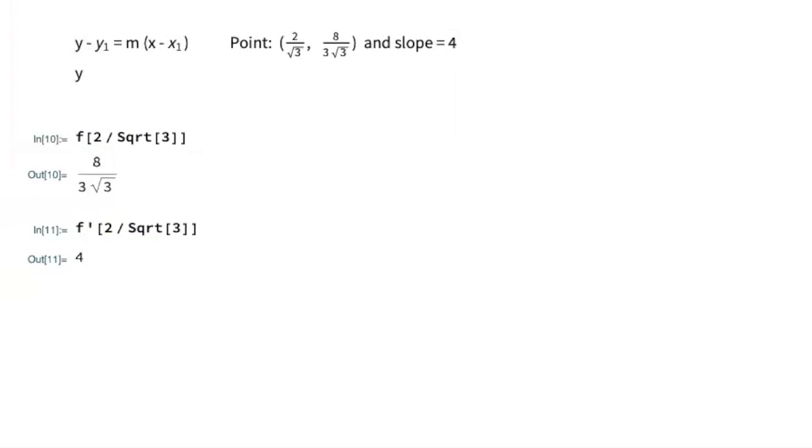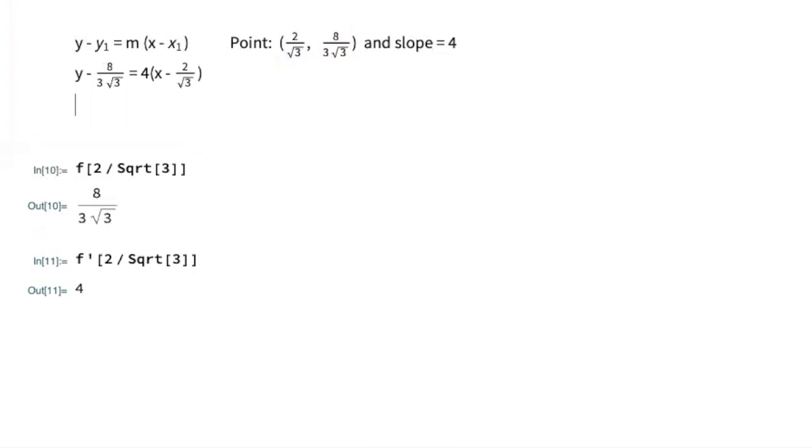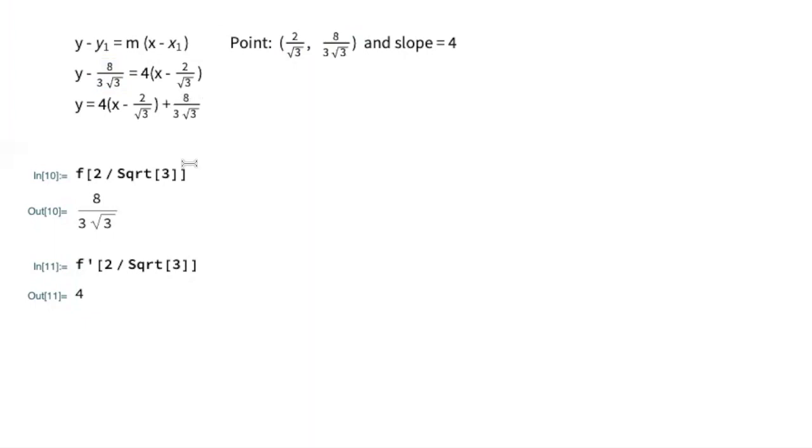So I have y minus that y coordinate equals my slope of 4 times x minus 2 over radical 3. And if I solve for y, I would move that whole fraction over to the right-hand side, and it would become addition. So there's my equation.